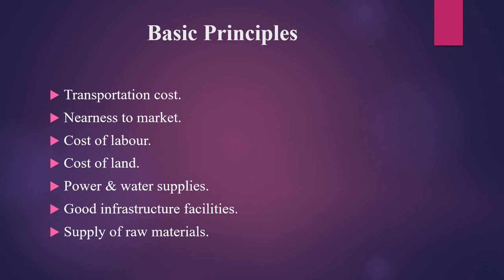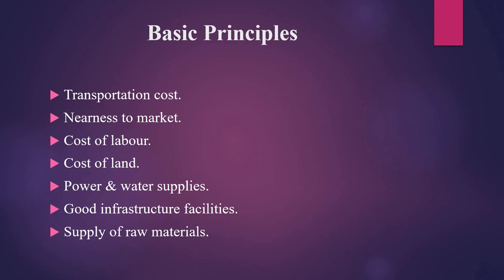Next is nearness to market. The place of the industry should be near the market, by which your finished goods can easily move to market. Next is cost of labor. There are three types of labor, that is semi-skilled, unskilled, and skilled labor.